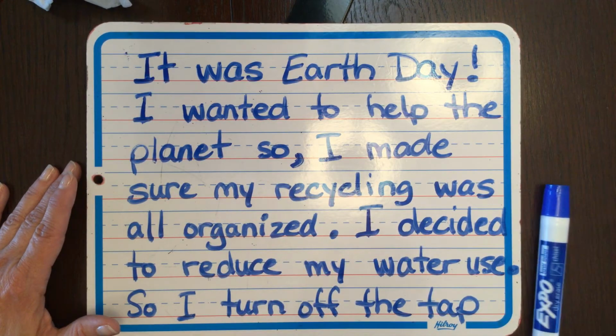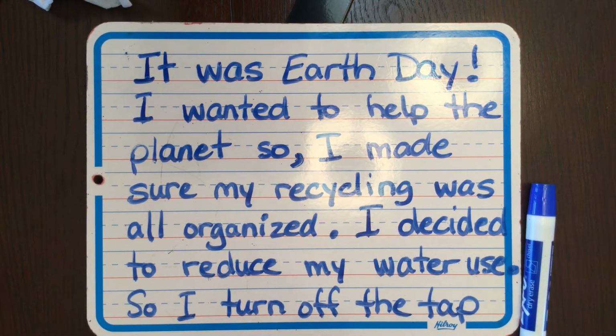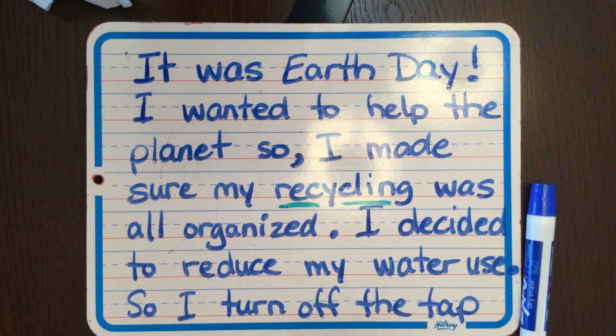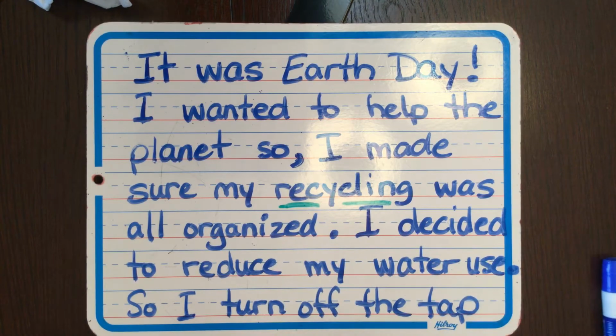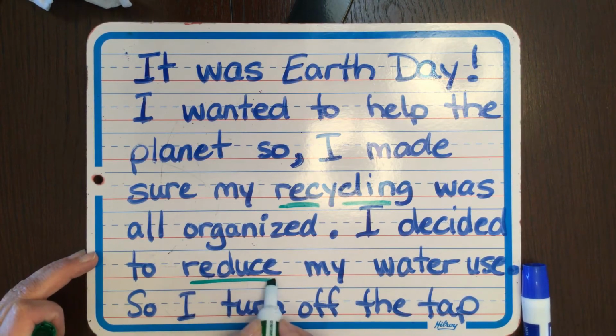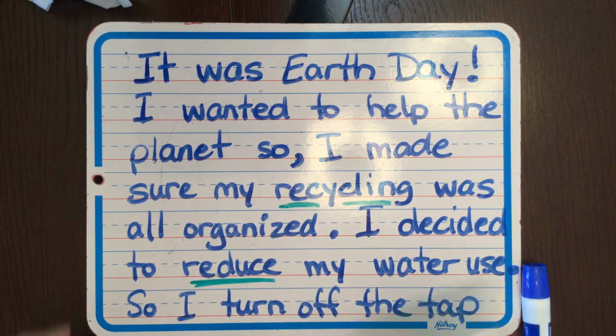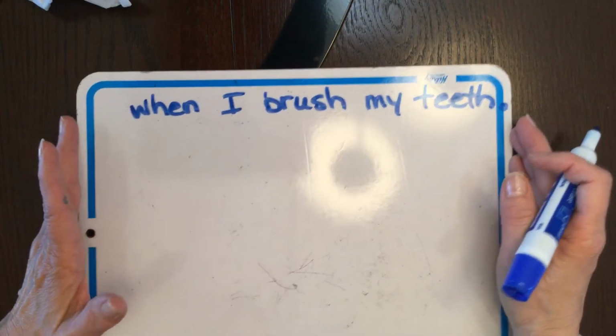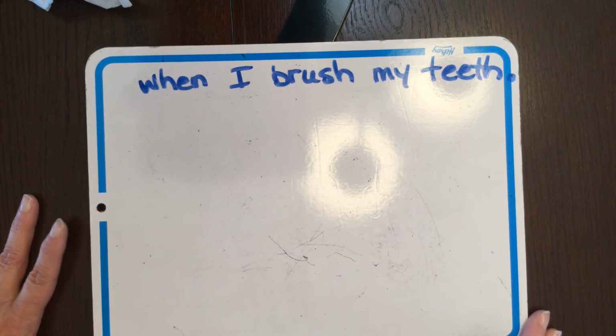There's one of the key words I want to make sure I'm using in my story today. Recycling. I decided to reduce my water use. There's my other word, reduce. So I turn off the tap when I brush my teeth. My sentences make sense and I didn't forget any words.